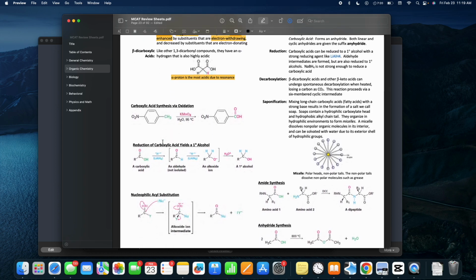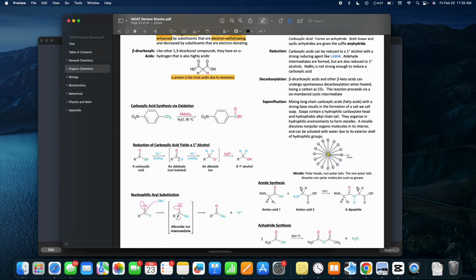And then we have reduction of carboxylic acid that yields a primary alcohol. We have the carboxylic acid here. We add the H minus, like lithium aluminum hydride, LiAlH4, LAH also, I think they write it.